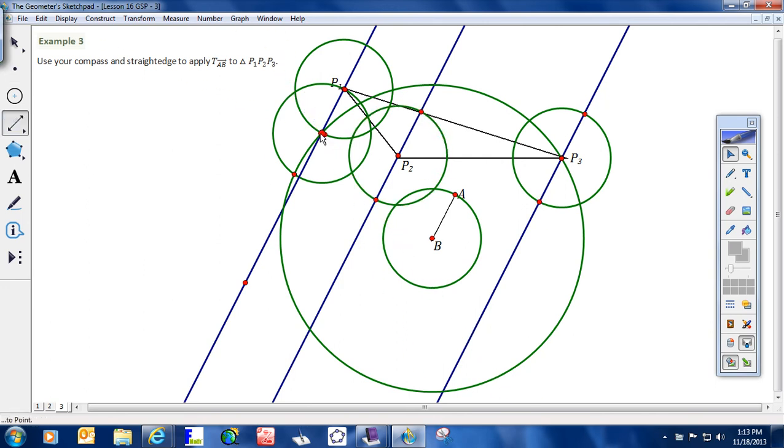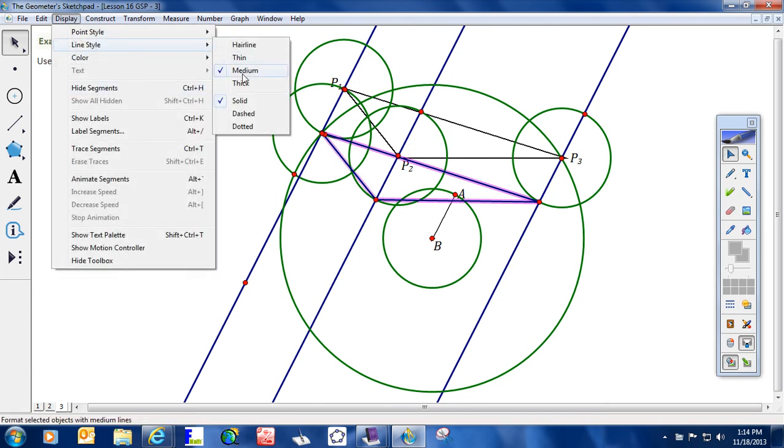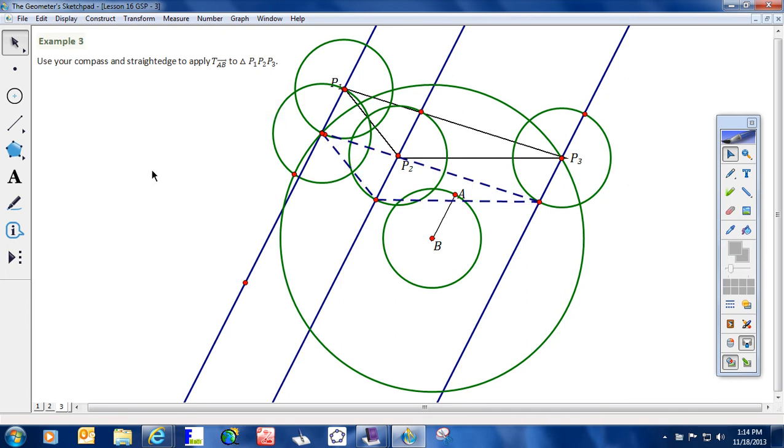Oh, I don't want that one either. Maybe just connect the dots together to make the image. There you go.